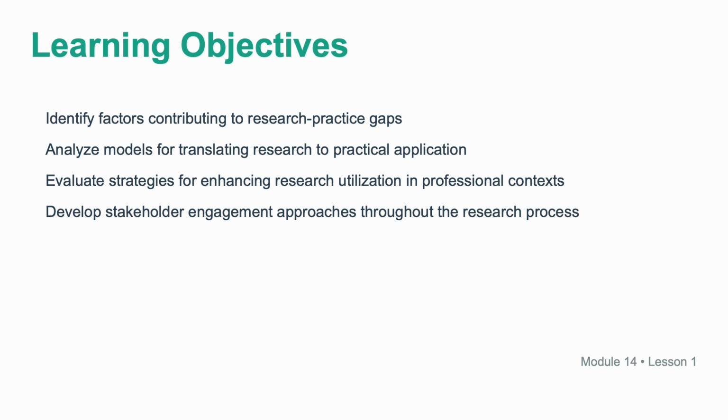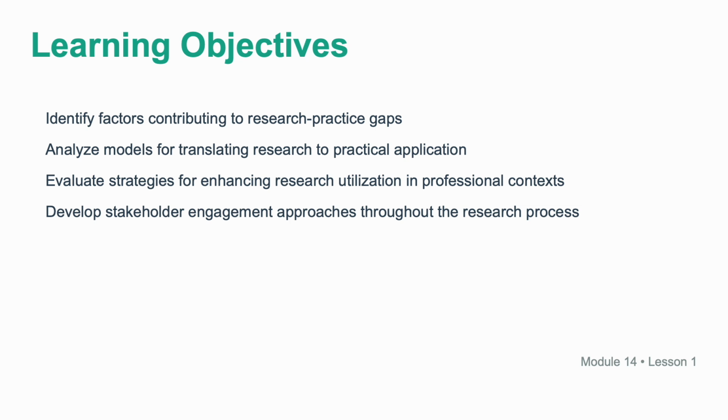Second, analyze models for translating research to practical application, exploring proven frameworks that help move knowledge from journals to real-world settings. Third, evaluate strategies for enhancing research utilization in your professional contexts, determining what works best for your field.